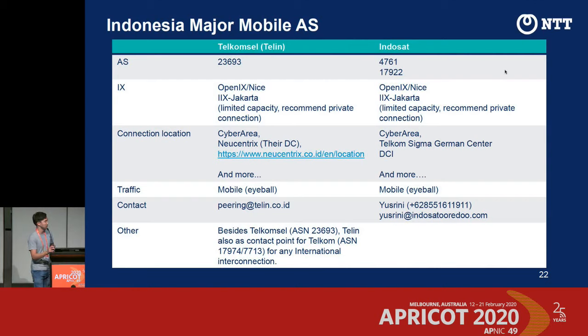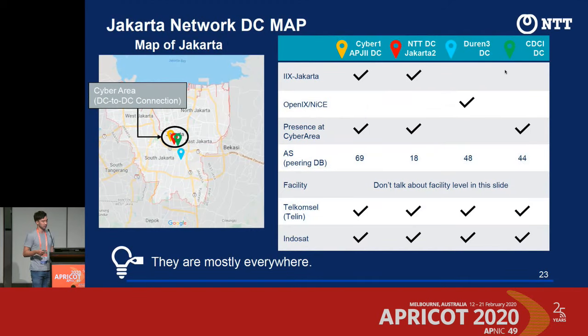I don't know whether they will give you peering or IP transit, but you can contact them through this information. So let's go back again. They have POPs mostly everywhere. Telkomsel and Indosat have POPs in all their centers, so if you want to get a peer, just contact them.